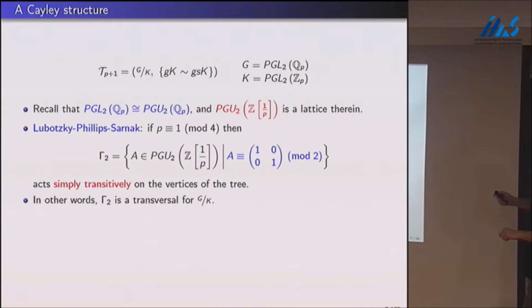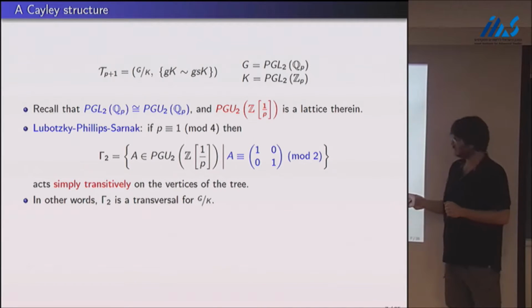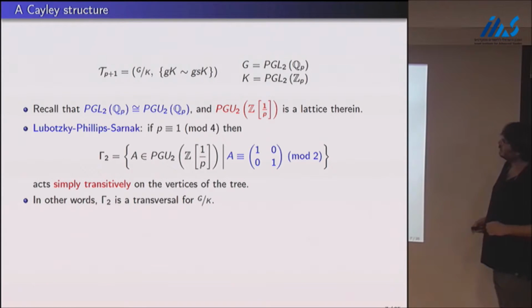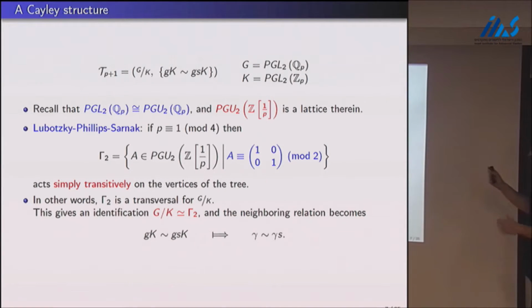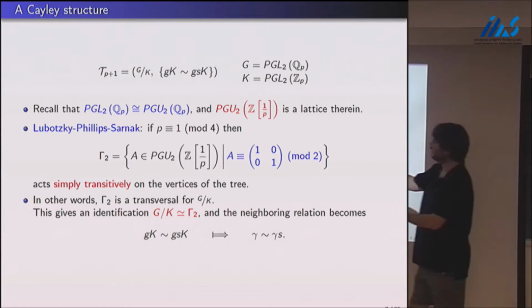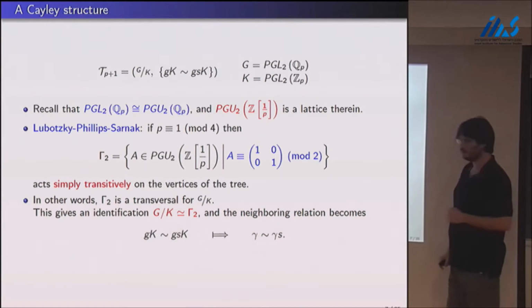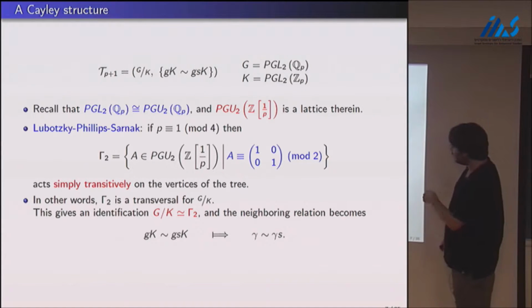In other words, this congruence subgroup is a transversal for the left cosets of K. Every coset contains exactly one element from this congruence subgroup. And this tells you that you can identify the vertices, the cosets, with the elements of Gamma 2.